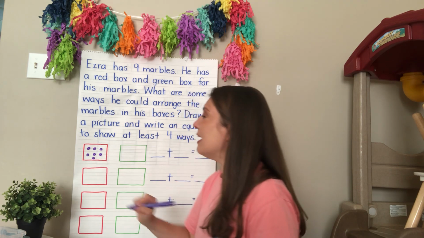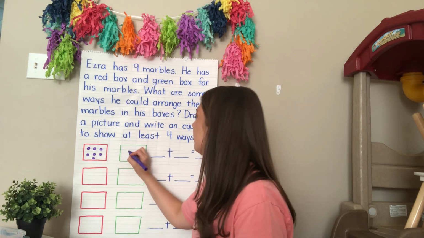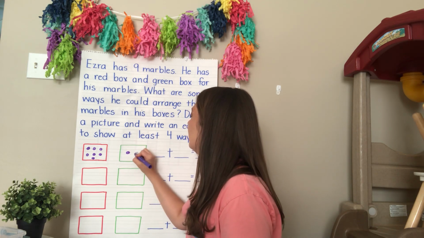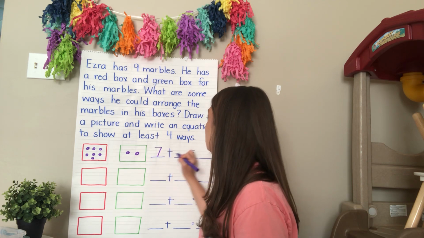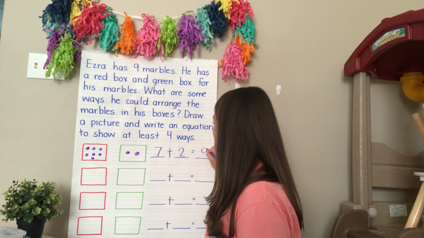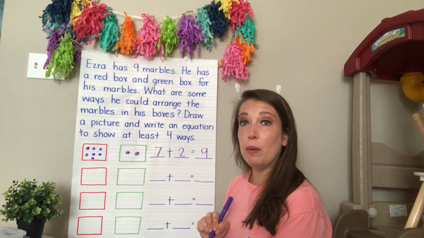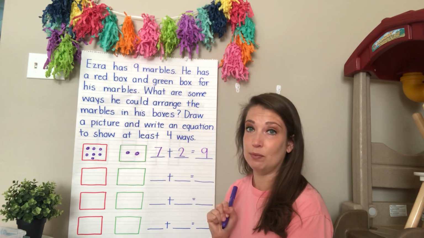And if he has 7, then we need to count on to 9. So 7, 8, 9. So that would be 7 in one box, 2 in the other box, and 9 all together. So our equation would be 7 plus 2 equals 9.